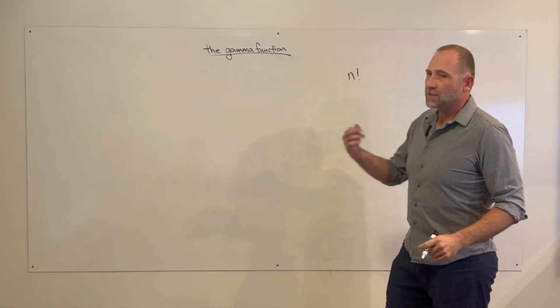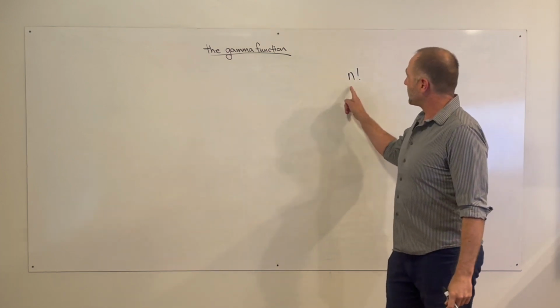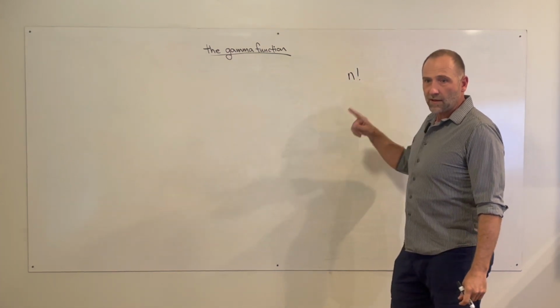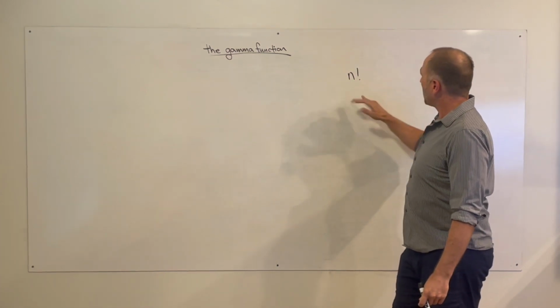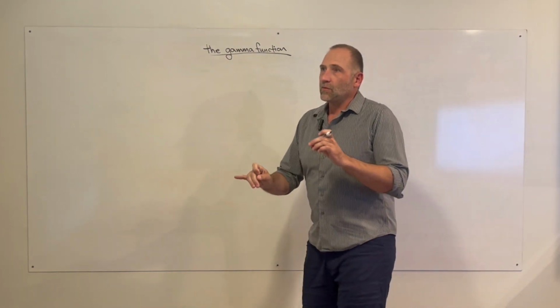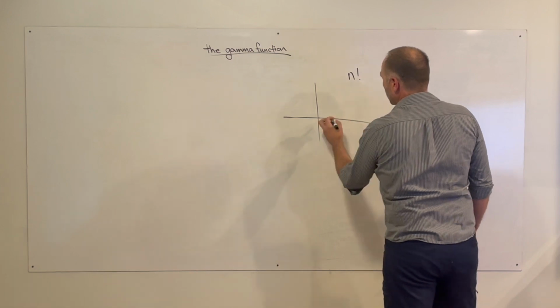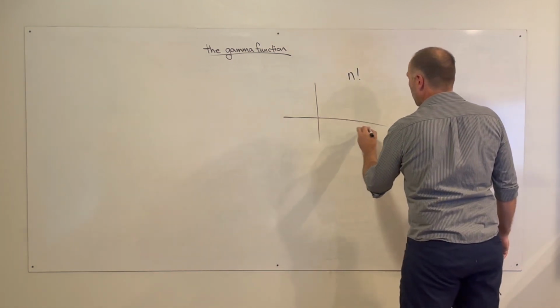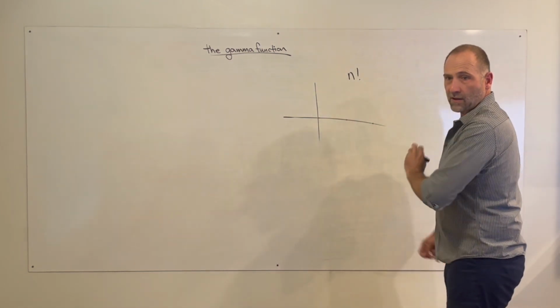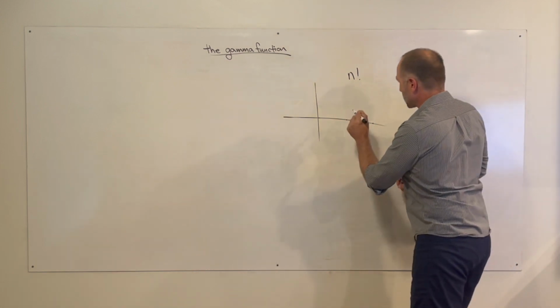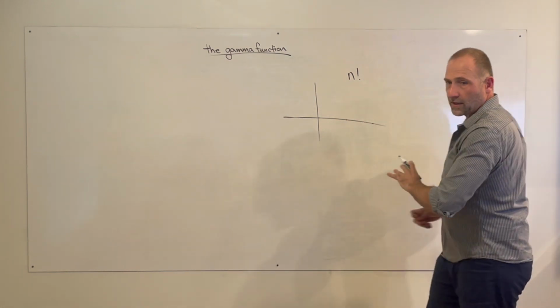Okay, so the factorial function is defined for n's that are whole numbers, right? N equals 1, 2, 3, 4. And so really, if you were to draw it as a function, it gives you answers that are on the real number line, but nothing between. It's just dot, dot, dot, dot for the answers.